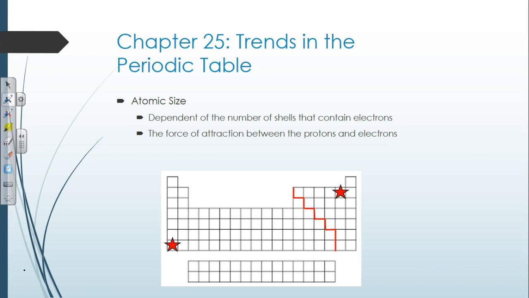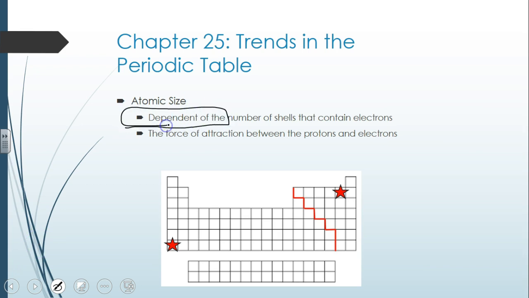So let's first start talking about atomic size, because this is the most important of all the periodic trends. So atomic size is really dependent on 2 things. And this one right here, the number of shells, that's the most important thing.